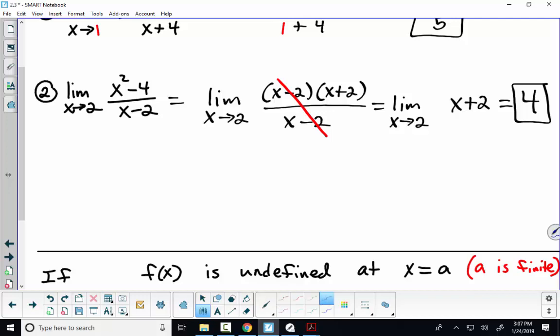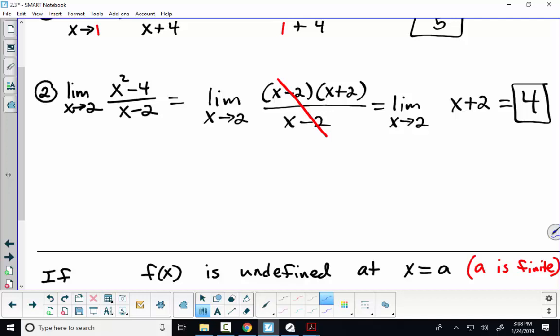So what do we know about this function x squared minus 4 divided by x minus 2? As x approaches 2, y approaches 4, but that's not a point on that graph because your function's not defined at 2. So this is telling us also that there's a hole on this function here.